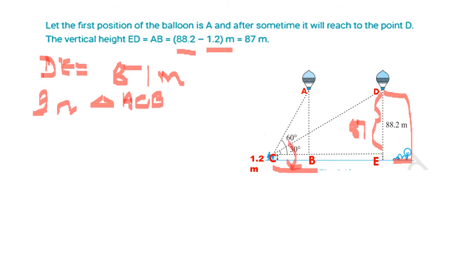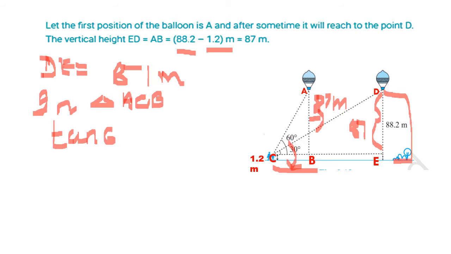And we already know the height. What is the height? It is 87 meters. So it's about height and distance, hence we will take tan. When we don't need hypotenuse, we take tan.